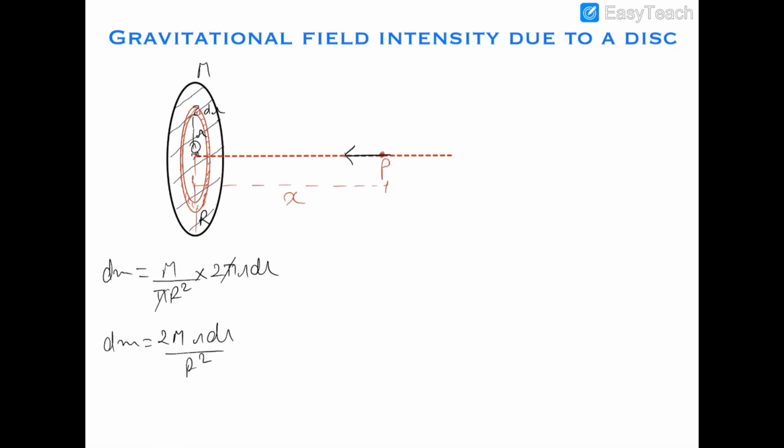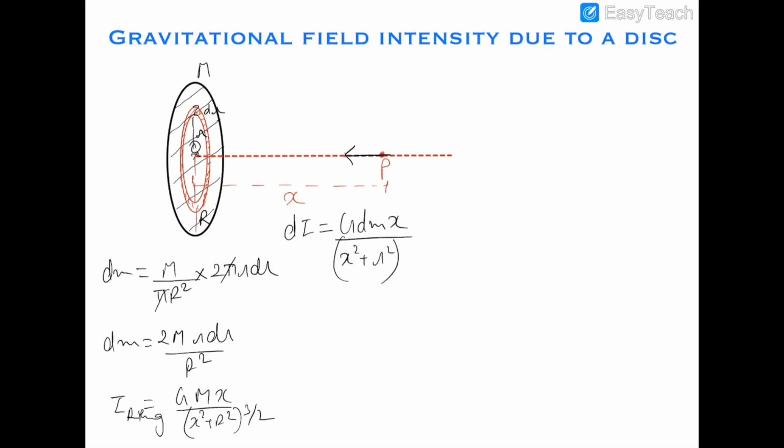Now the gravitational field intensity due to a ring has a formula of GM x by (x square plus r square) to the power 3 by 2. If we apply it for this element, then it would be G dm x upon (x square plus r square) to the power 3 by 2, where its radius is small r. So this is the formula for the elemental ring intensity.